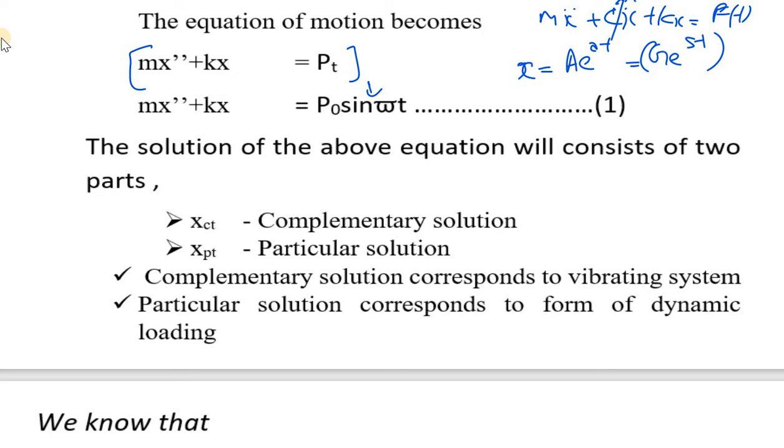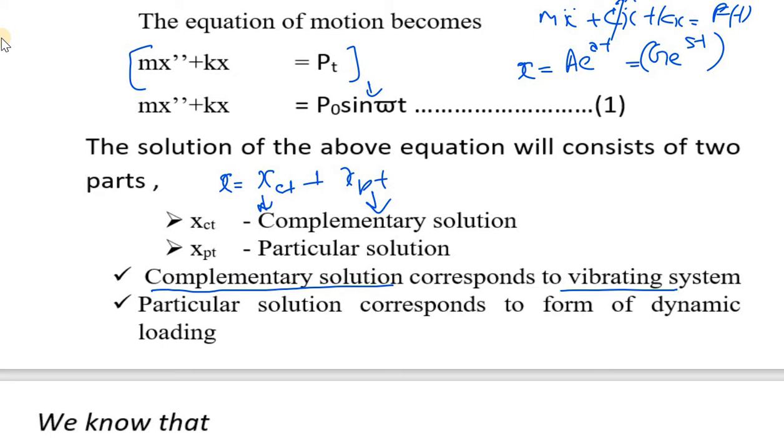So here our general solution x will consist of two solutions: x is equal to xc of t plus xp of t, where xc of t is the complementary solution and xp of t is the particular solution. The complementary solution depends upon the vibrating system, and xp of t depends upon the loading.